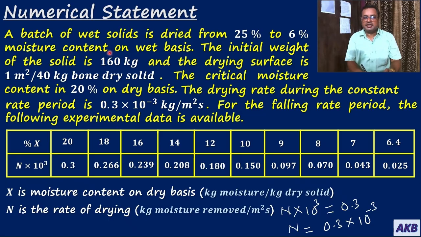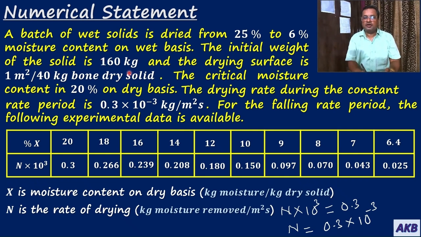So basically in this case, we have a batch of wet solids, and it is to be dried from an initial moisture content of 25% to a final moisture content of 6%. These moisture contents are given on weight basis. The initial weight of the solid is 160 kg.